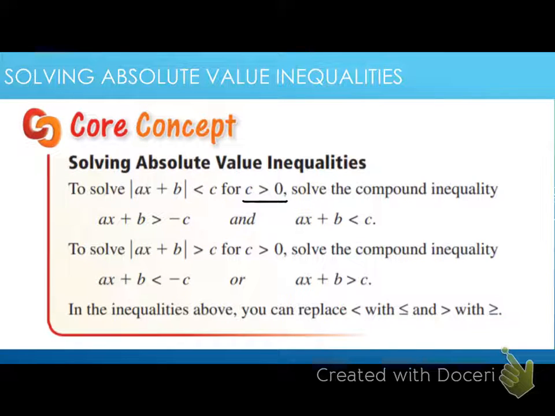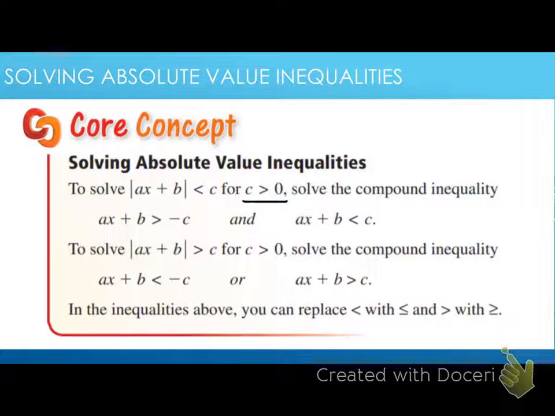It's very important. So to solve an absolute value inequality of this form, we want to solve the compound inequality: ax plus b is greater than negative c, and ax plus b is less than c. So when we create our two inequalities, we're actually going to make one compound inequality. Does that make sense?